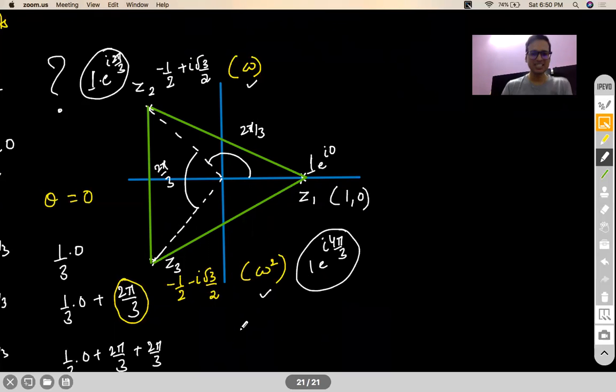Is this fine? Okay. So we'll take certain properties of this because this particularly is very important. We are going to come across the cube roots of unity several times. So there are some special expressions that we are going to see very frequently. So let us look into the properties of cube root of unity.